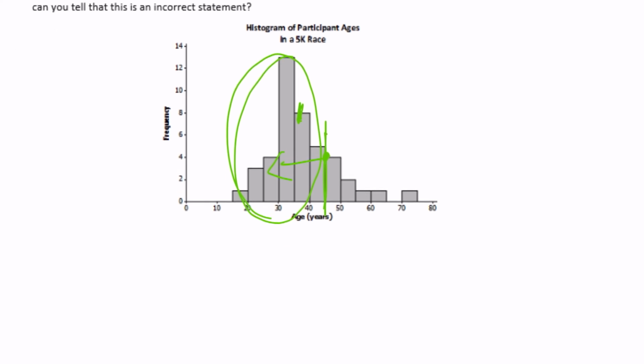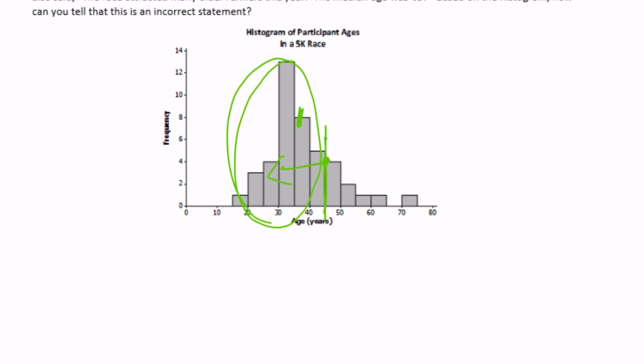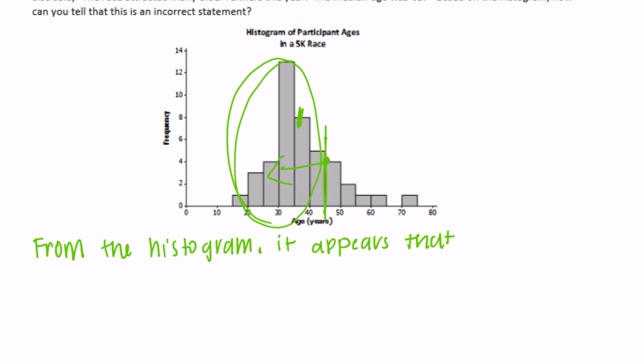So let's just say from the histogram, it appears that less than half of the runners are 45 or older.